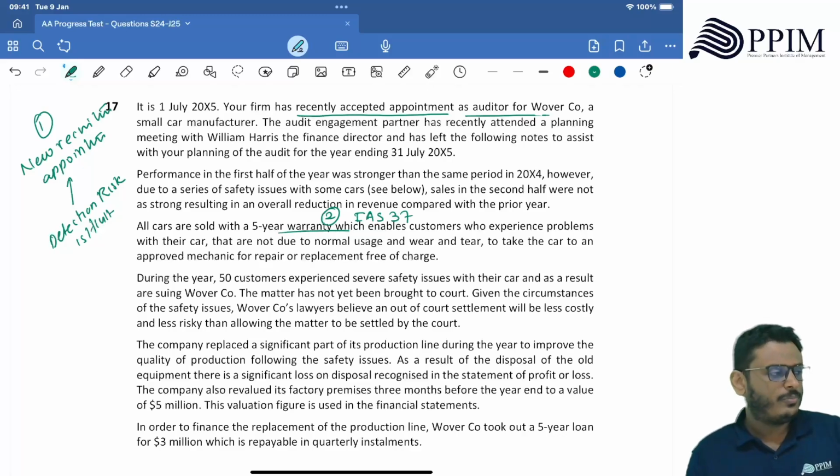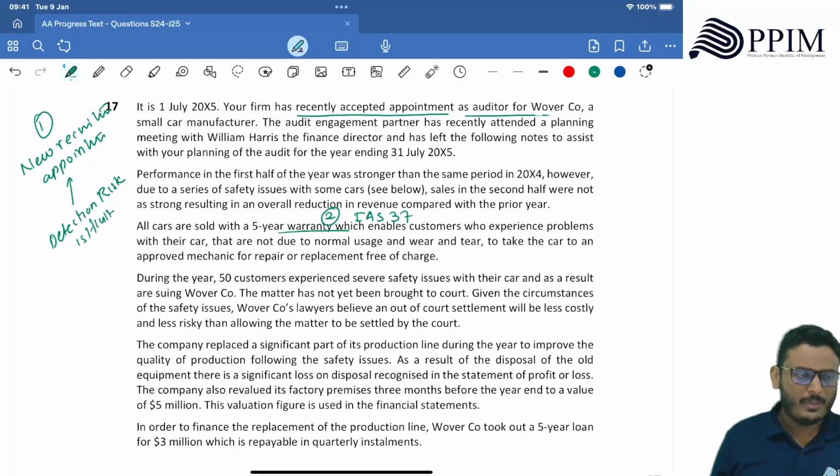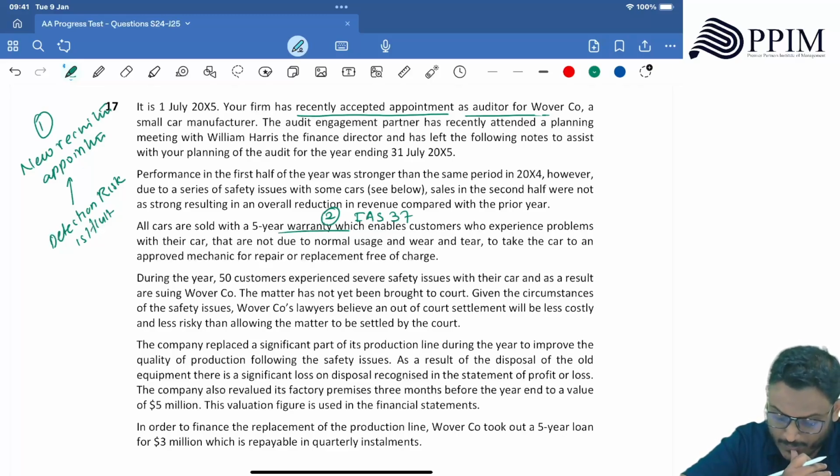How much provision was recognized, and subsequently, post year-end, how much was claimed. Through that we can ensure the completeness of that provision. And also, 50 customers experienced severe safety issues with their car as a result of W Company. The matter has not yet been brought to court.